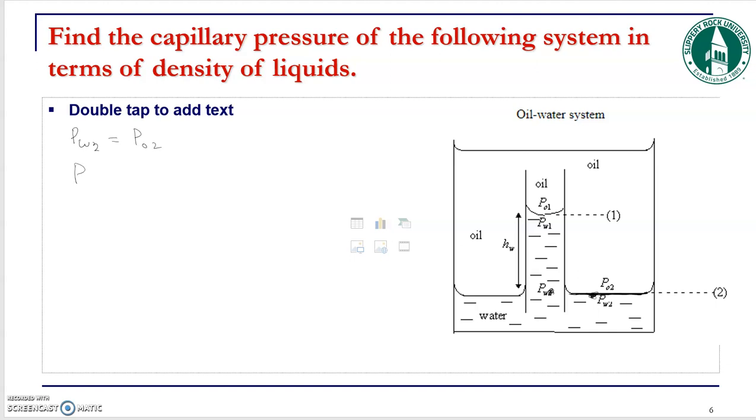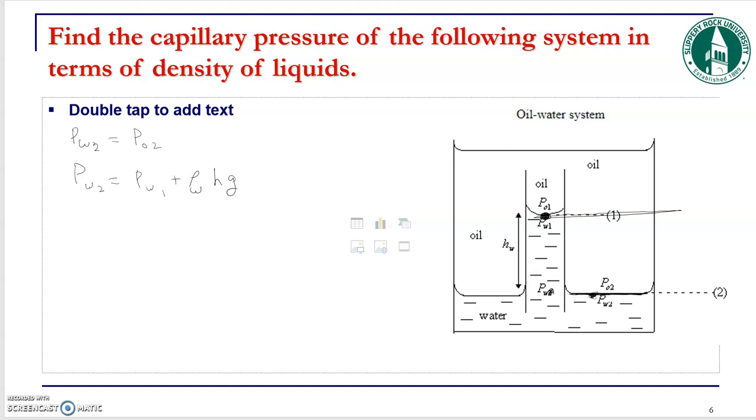Now we can write an equation for PW2, which is equal to PW1 plus rho W H G. If you look at PW2, which is here, you can use PW1, which is the pressure at this point, exactly here.